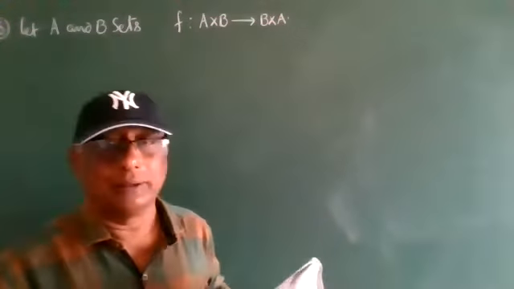Next, F of (A, B) is equal to the first element from the A set and the second element from the B set, and it gives the codomain element (B, A). This is the given concept.